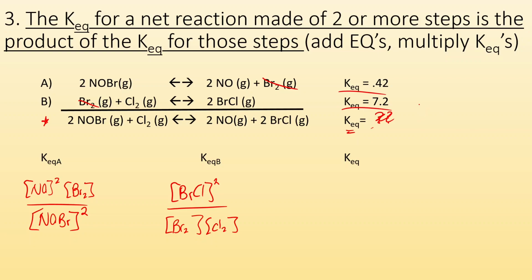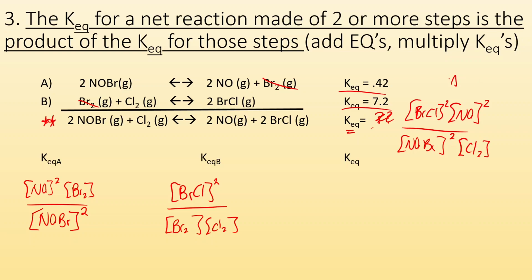Well, it should be the concentration of BrCl squared times concentration of NO squared all over the concentration of NOBr squared times concentration of Cl2.